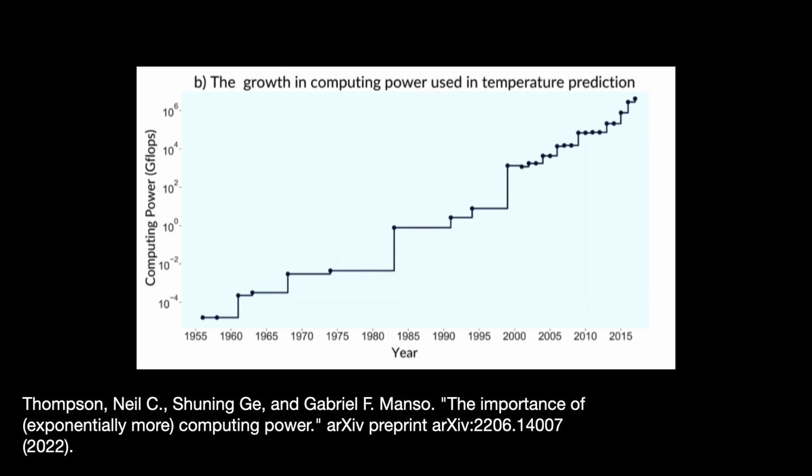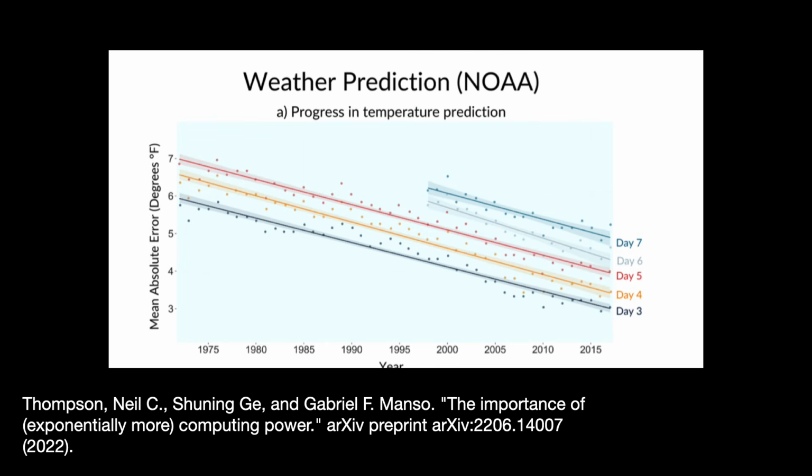From 1956 to 2017, the amount of compute power used by the NOAA has increased by 1 trillion times, compounding at 48.2% a year. Over that same time period, the error rate in temperature predictions has declined from 5.8 degrees in 1972 to just 3 degrees in 2017.